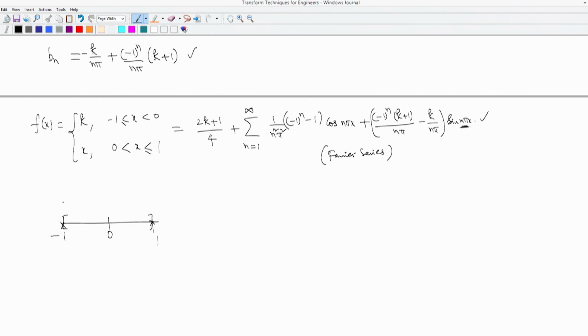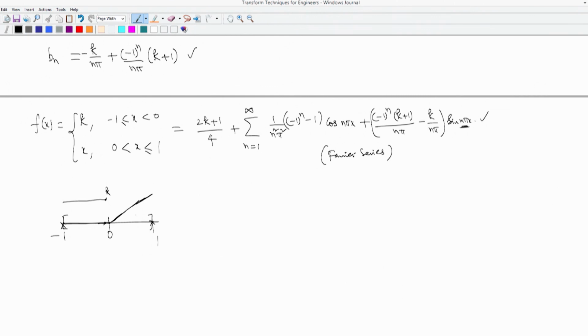One is a k value, the other one is actually 0, it starts at 0. If you take the limit as x goes to 0 from the left side, it is actually k. If you take the limit from this side as x goes to 0, the function value is actually 0. If k is 0, it is a continuous function, but of course it is not differentiable, it is only a continuous function.